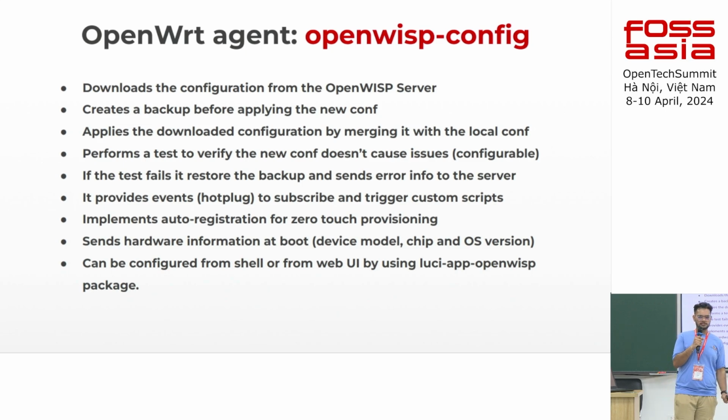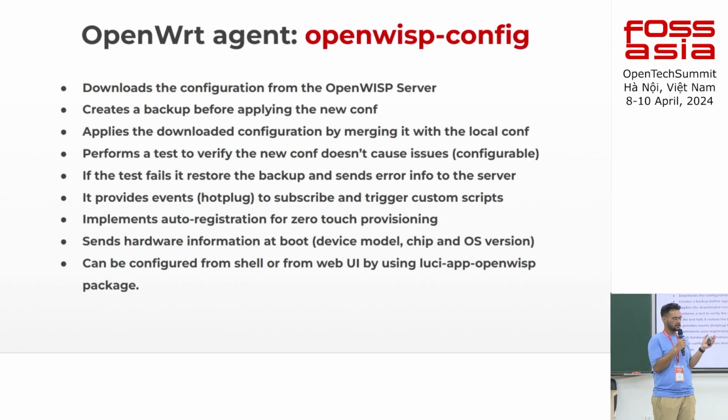But the best part of the OpenWISP config agent is that you can create a new firmware with everything required to register the device on the system, which is the URL of OpenWISP and a secret which is used to register the device. You create a firmware, you flash it on all the devices, and just when you switch on the device and plug it into the internet, it will automatically register the device to OpenWISP, and then it will start behaving the way you want.